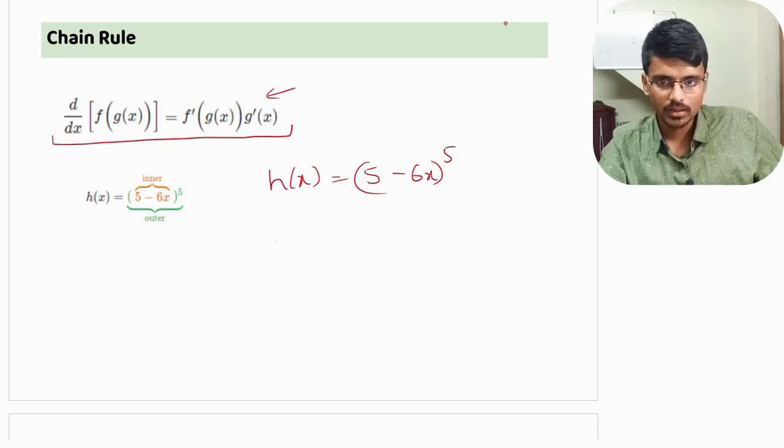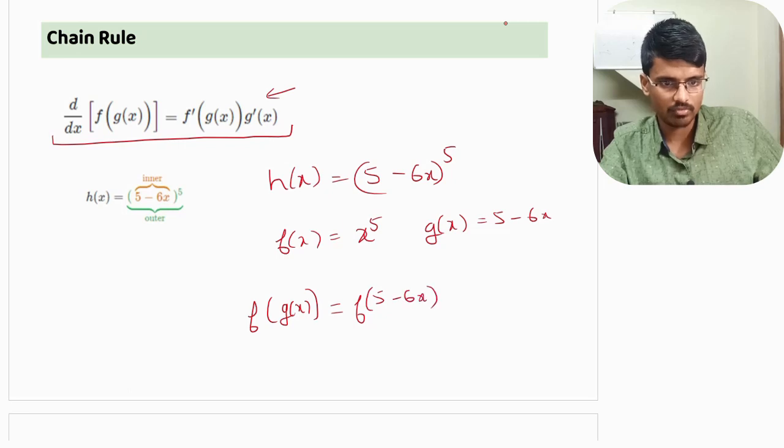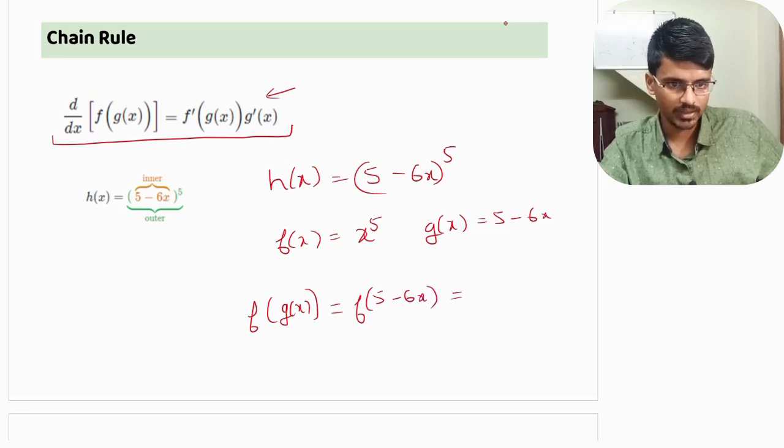I'll take f of x as x power 5 and g of x as 5 minus 6x. Now, if I write f of g of x, I'll define it. What is g of x? 5 minus 6x. What is f of a function? It is raised to power 5. Whatever is inside, you put it here, right?